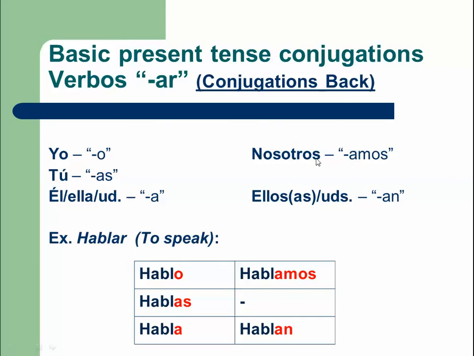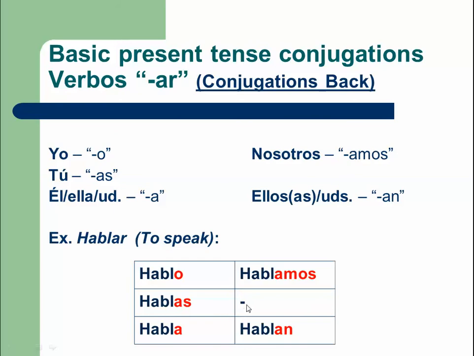And then with nosotros, mos and nos rhyme, so you can think of keeping those together, nos and mos. And then this one, ustedes and ellos, it's similar to this one, only instead of taking off the R, just change the R into an N. Extend the R, so to speak, and then you add more to it. So think about if you're adding to the R, then maybe you've got more than one person. If that confuses you, then just ignore it.